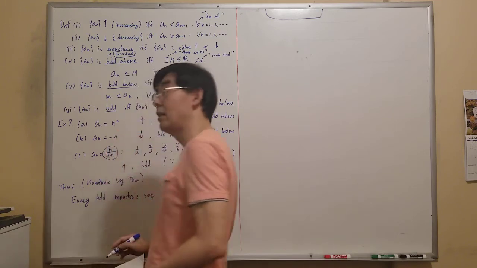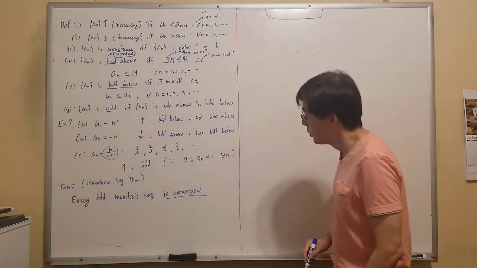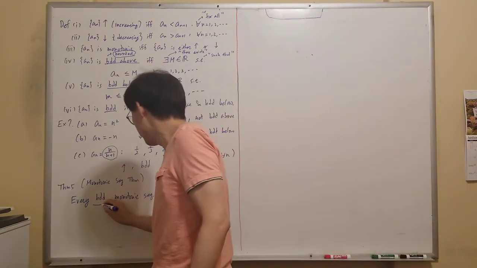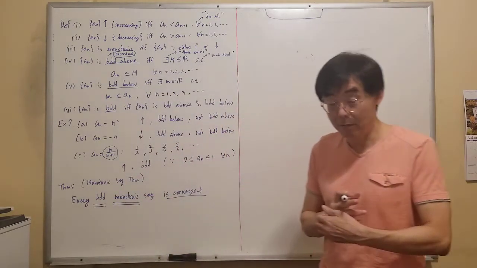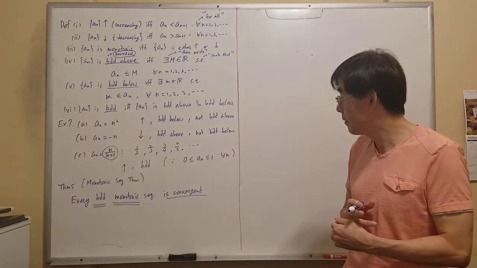Convergent means it has a limit. So every bounded monotonic sequence will have a limit. It's a finite real number, obviously.